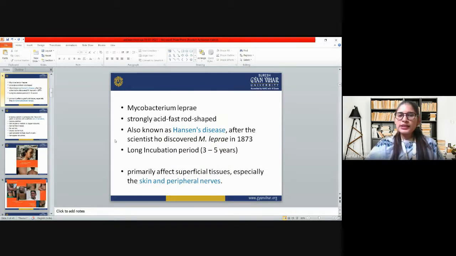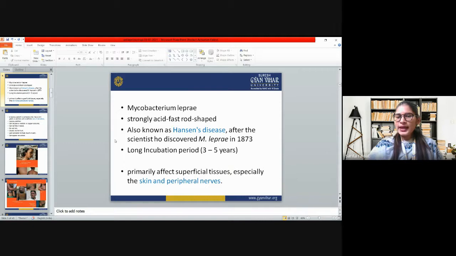Basically, leprosy is caused by Mycobacterium leprae. So, this is the causative agent for leprosy. It is a strongly acid-fast rod-shaped bacterium and is also known as Hansen disease, after the scientist who discovered M. leprae in 1873.